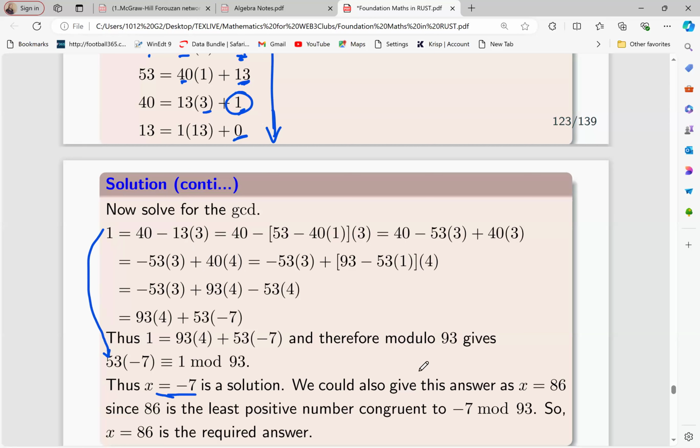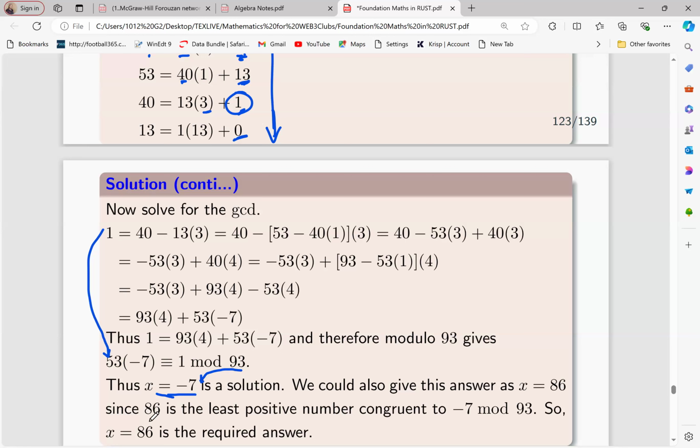Since we want this X to be positive, when you're writing that code, remember that if the result it gets is negative, let it add the modulus.